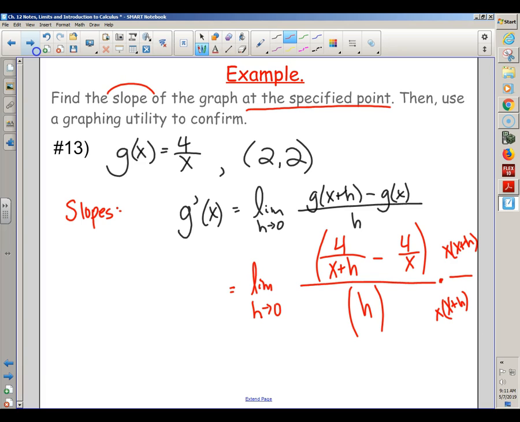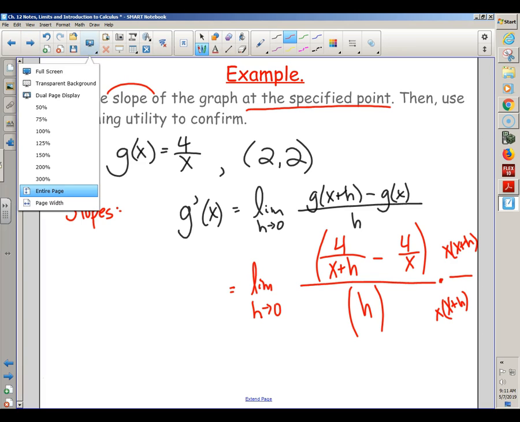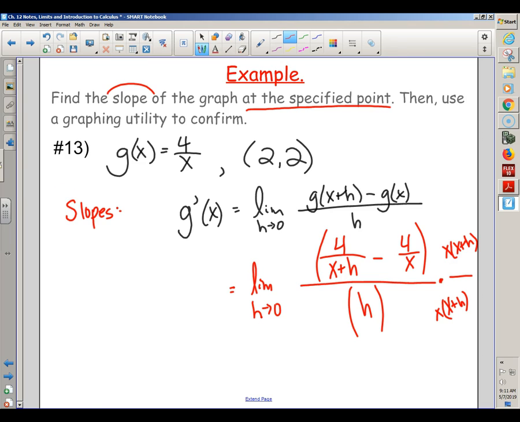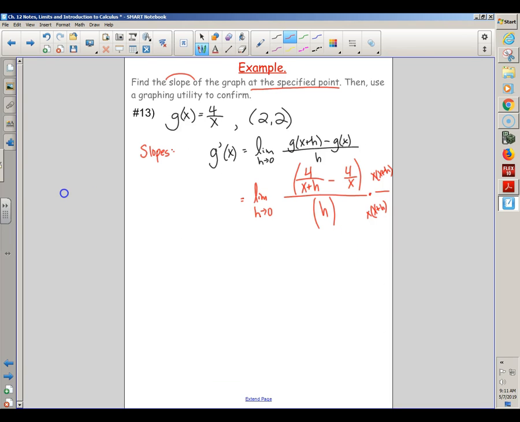Kyle, go ahead. So after this step, when we start combining, and you want us to rewrite the limit as h breaks. Every time it's a unit. Let's just do it this way. Because I'm saying something, but I'm not sure it's making sense.